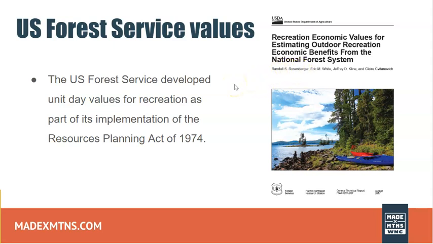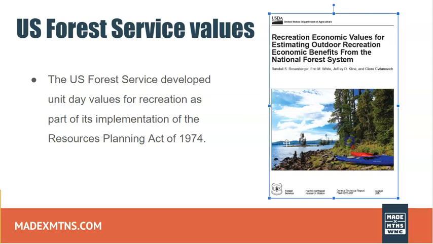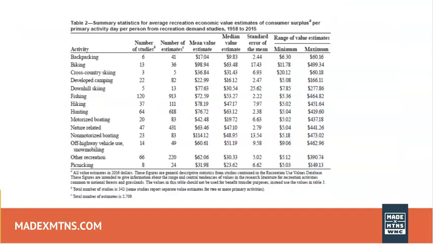And these tend to come out every 5 years, and here's the August 2017 report. And Table 2 in that report presents summary statistics for average recreation economic value estimates of consumer surplus per primary activity day per person. And these were developed from recreation demand studies that were dated 1958 to 2015.